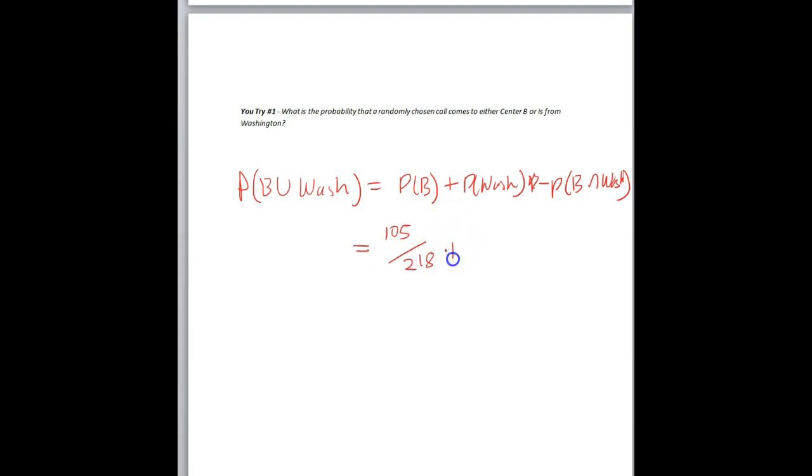And the probability of Washington is 78 over 218. And the probability of their intersection is 31 over 218. And that is going to equal 153 over 218, which is a fairly similar number, roughly 0.7018.